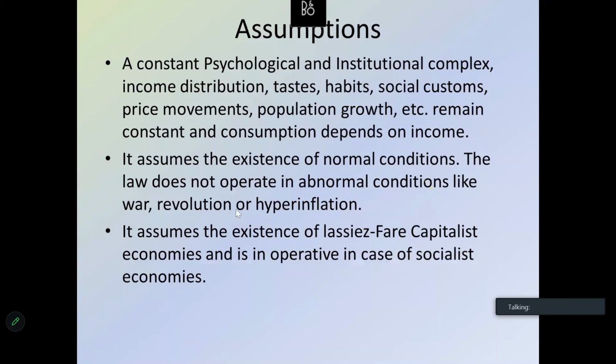Taste, habits, social customs, price movements, population growth, etc. remain constant and consumption depends on income. Once there are changes in these, that will change the consumption. But here we assume there are no changes in these components.